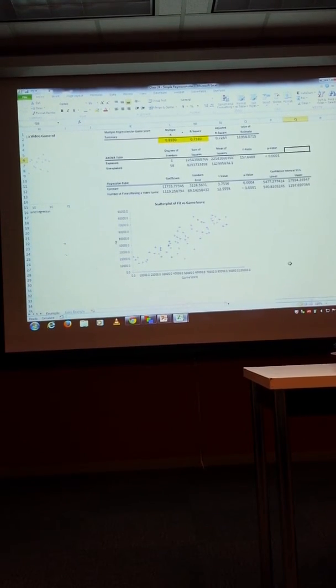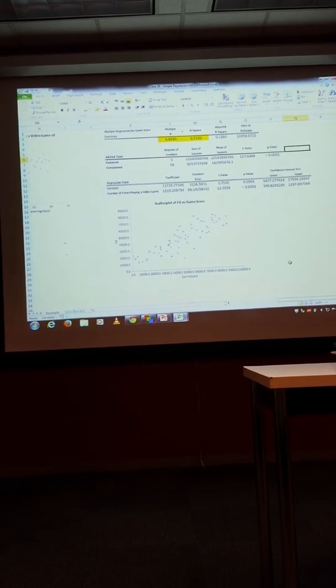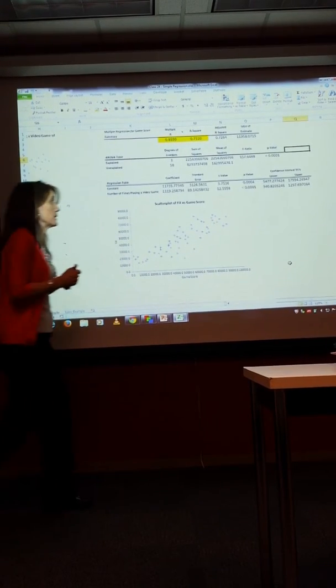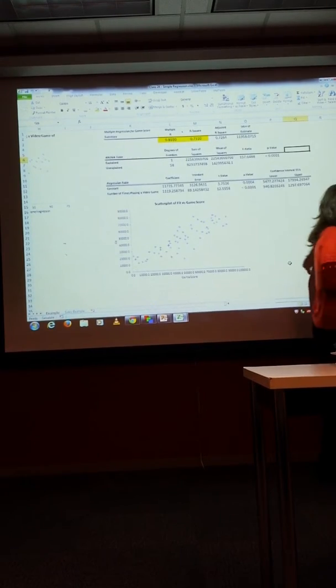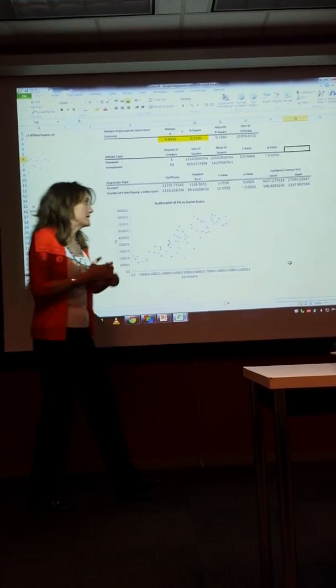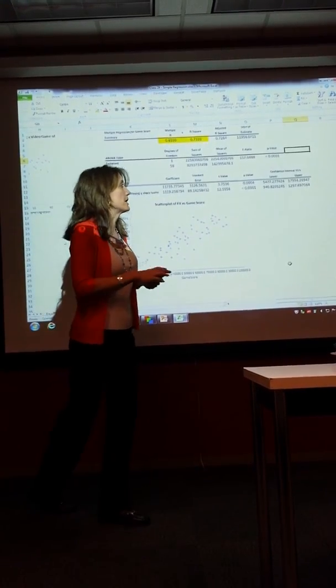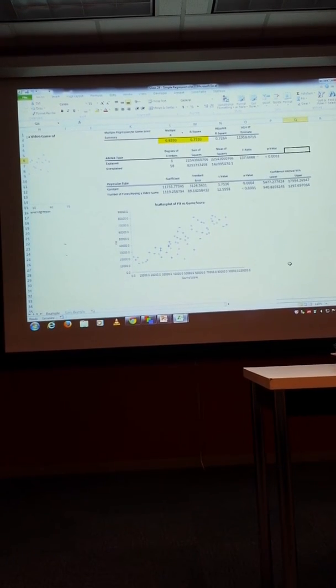How much of the variation in the score can be explained by the times you play it? 73%, which is good. And R squared is multiple R squared. That 0.855, squared, is R squared. But its definition is the percent of the variation in Y that can be explained by X.